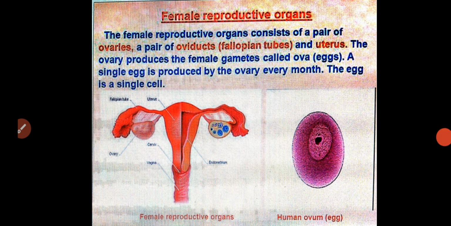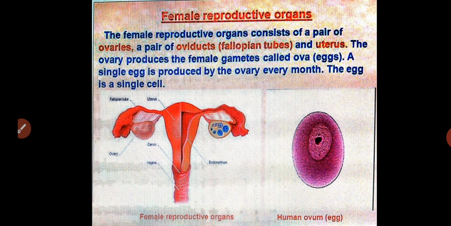The female reproductive organ consists of a pair of ovaries and a pair of oviducts. Oviducts are also called fallopian tubes, as I already told you, and it also contains another very important part, the uterus. The ovary produces the female gamete, the egg or ovum, alternately.